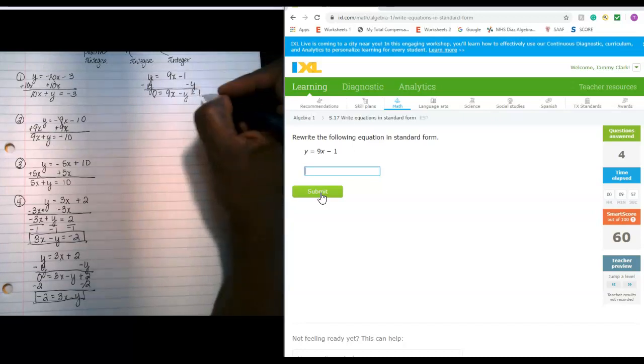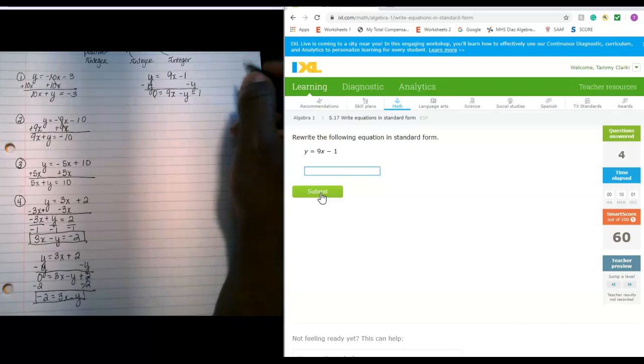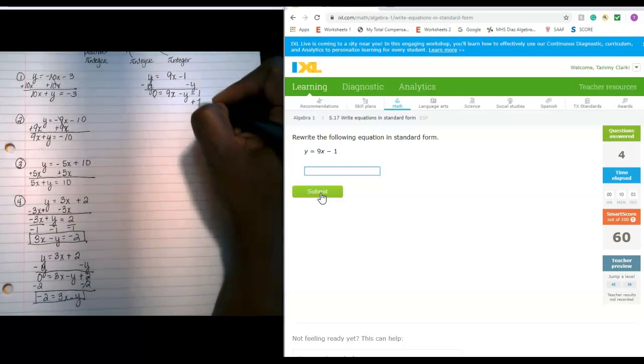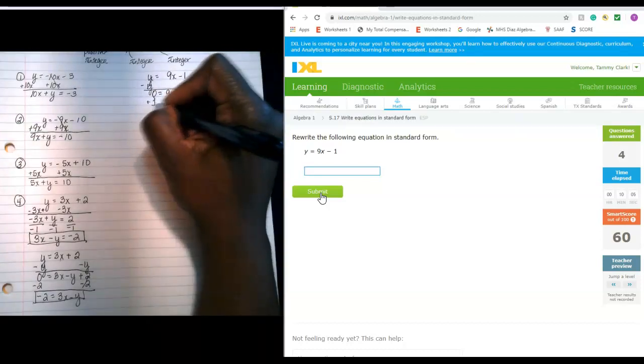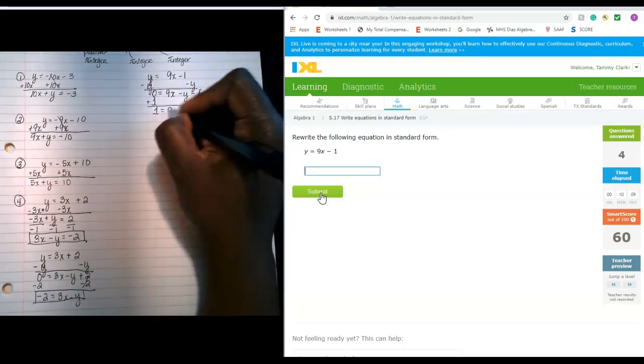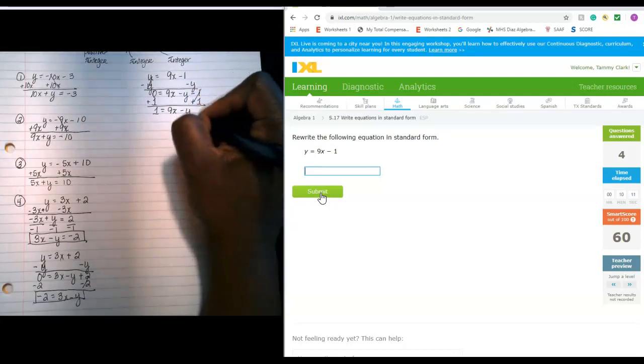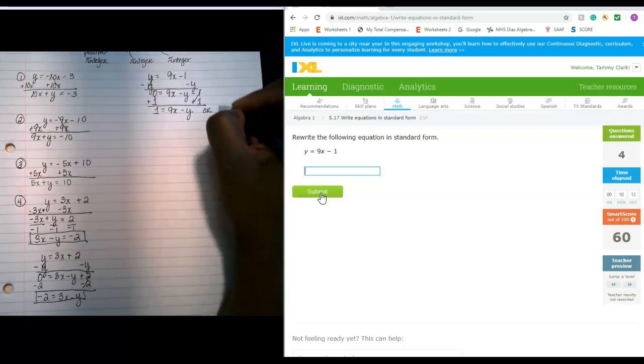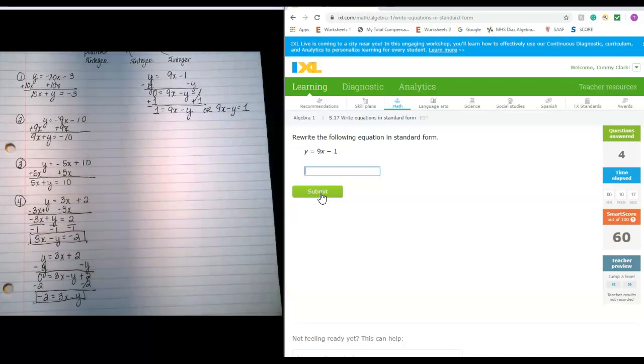I have everything on the right side of the equal sign, and I don't want that. I want the x and the y term there only. So I'm going to add 1 to both sides of the equal sign. And that gives me 1 is equal to 9x minus y, or you could write it as 9x minus y equals 1, whichever you prefer.